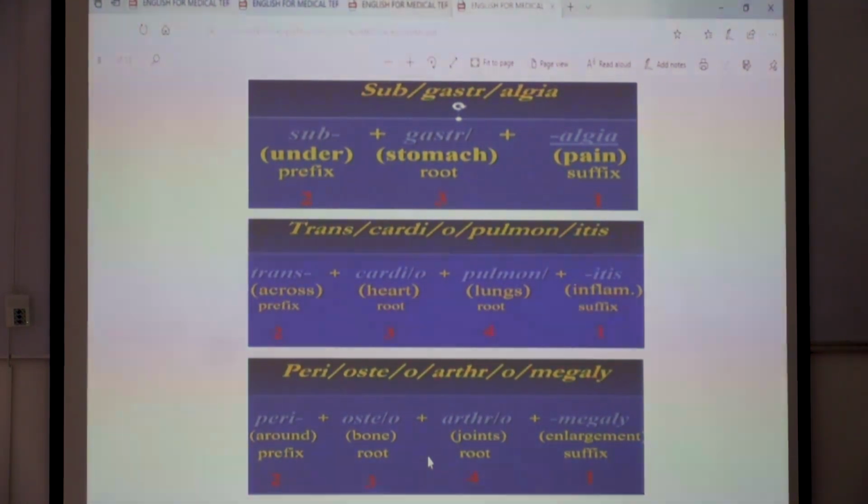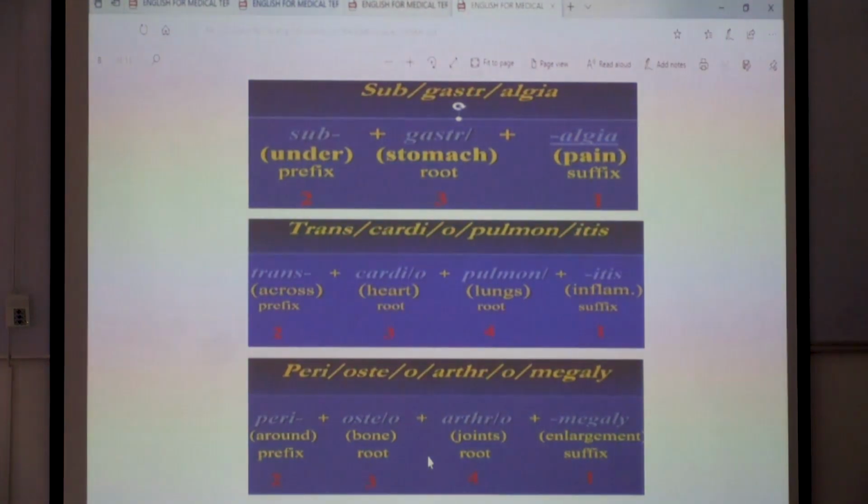Another example, periosteoarthromegaly. What do we have? We have a prefix, a root, a vowel, a root, and a vowel, in addition to the suffix.